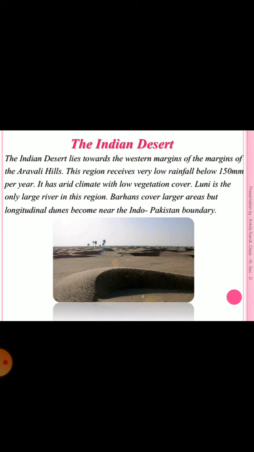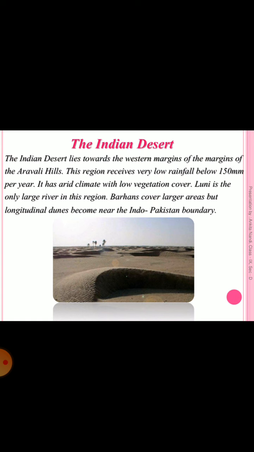So students, as we all know, the state of Rajasthan mainly comprises the Great Indian Desert or Thar Desert. This area receives very low rainfall, below 150 millimeter per year. That is why very little vegetation cover is found in this region, mostly xerophytes.